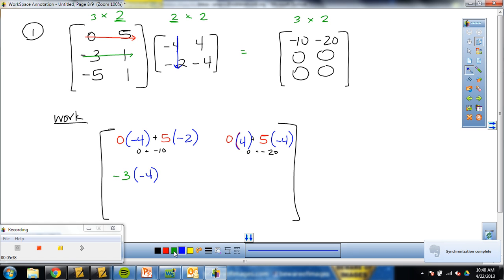As I move over, I'm going to add 1 times. I move down through the column, negative 2. We can add these up. So this is going to be positive 12 minus 2. So this will be replaced with a 10.